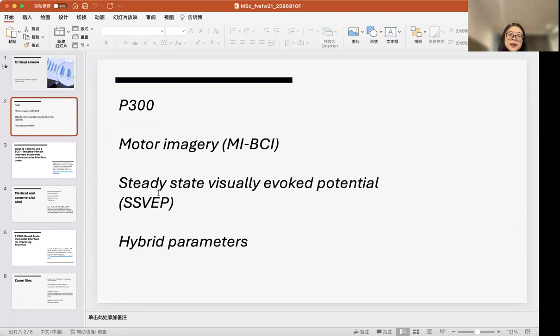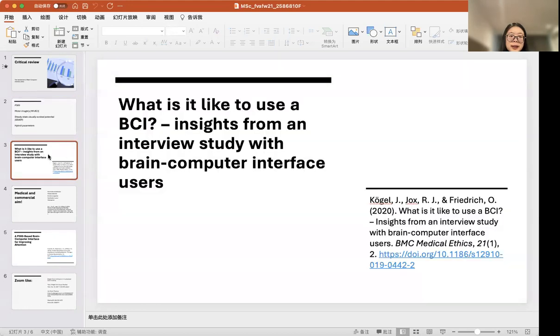An interesting point in the first article is that it shows the BCI is always used for medical and commercial aims.